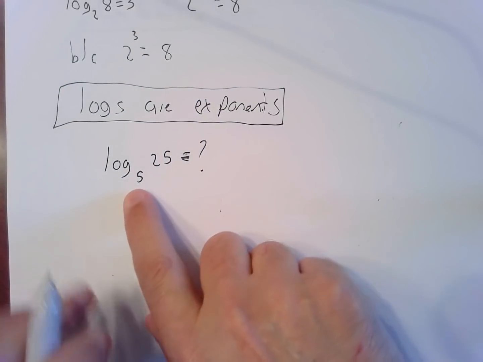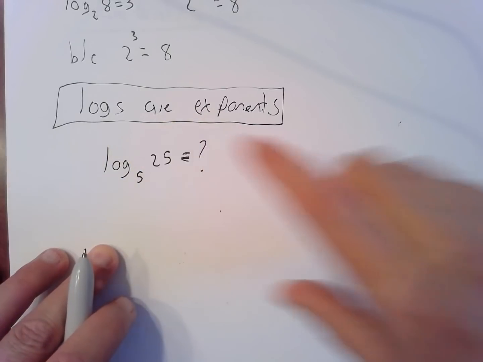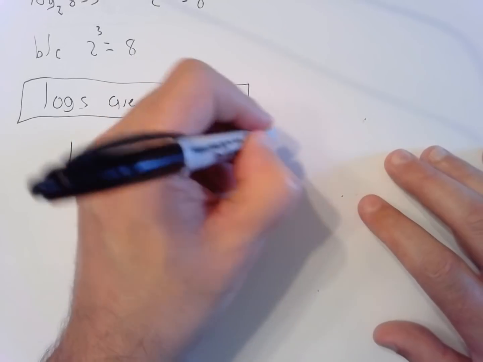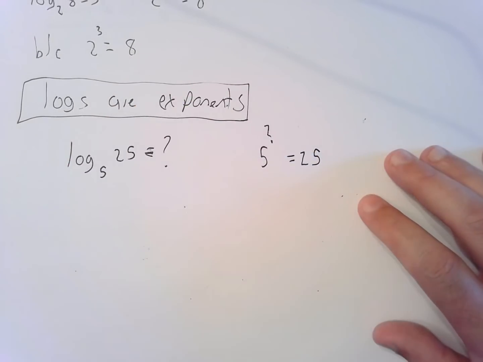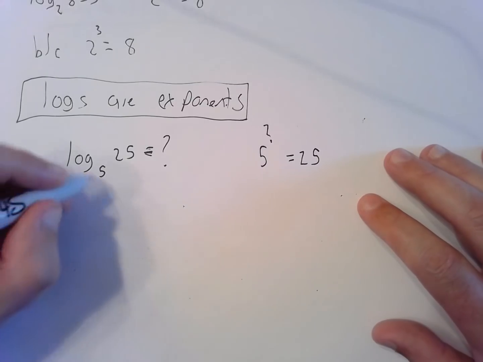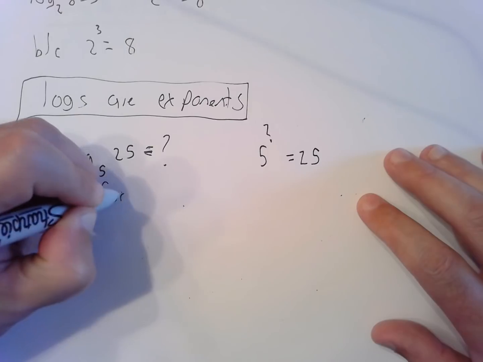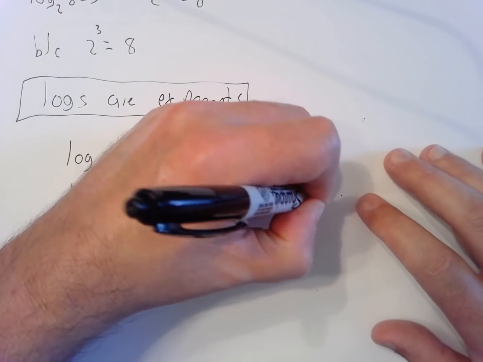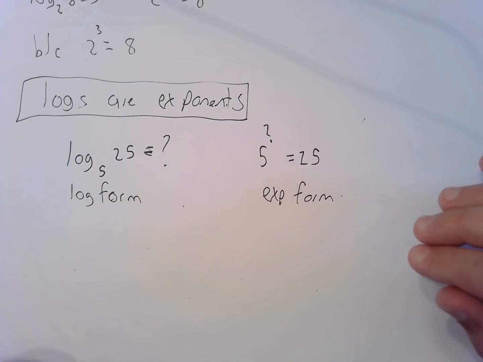The question I'm asking is 5 raised to what power equals 25? 5 to what power, question mark, is 25? This is log form. This is exponential form of the same question. These are exactly the same question.